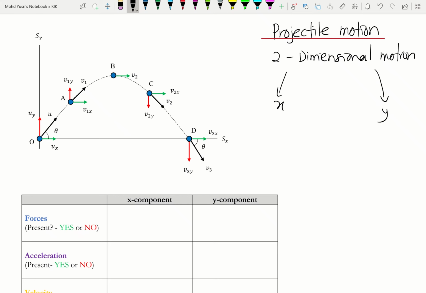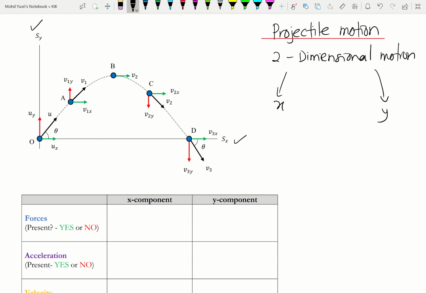In this case, the positive x direction is horizontal and to the right, while the y direction is vertical and positive upwards.